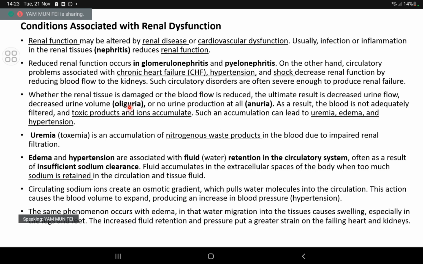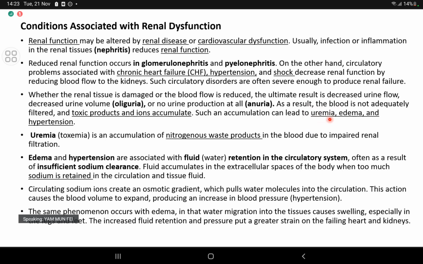A few symptoms you need to understand. One is oliguria, which means a decrease in the volume of urine. The second one is anuria, where you totally don't produce urine. Once you cannot produce urine, what will happen? Toxic compounds and ions will accumulate in your body. This condition we call uremia.